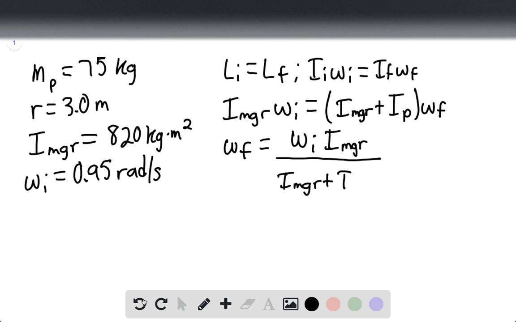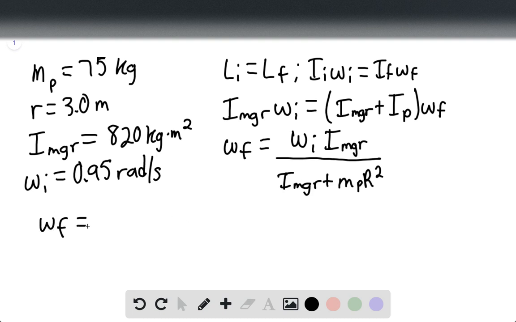We know that the moment of inertia of the person is m sub p r squared. So we can finally find the final angular velocity.